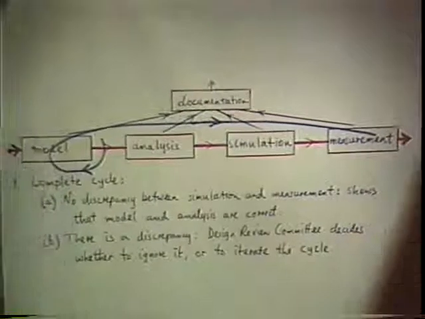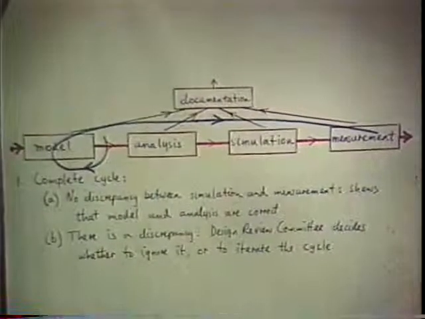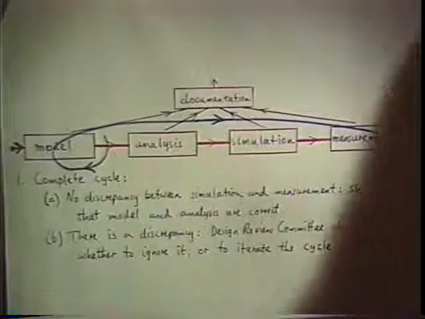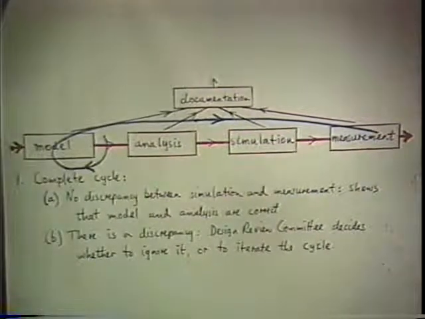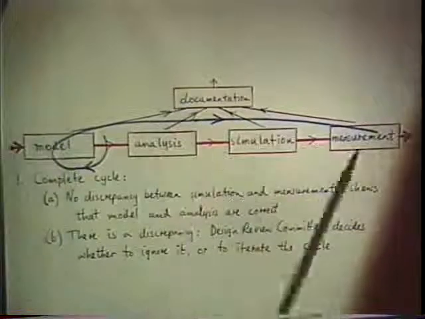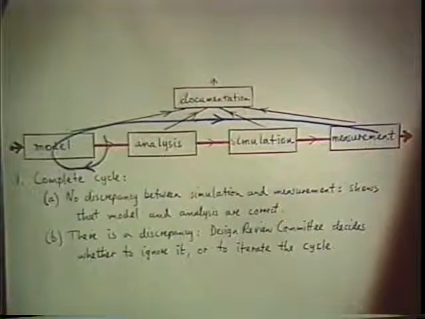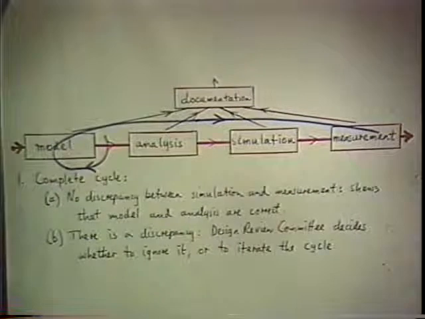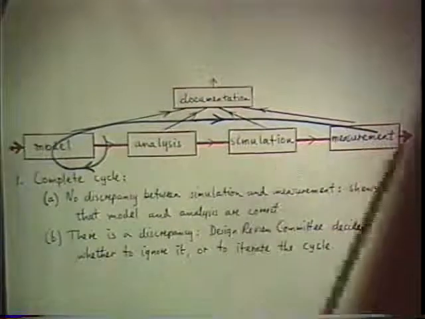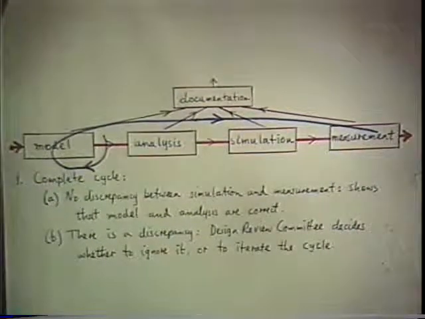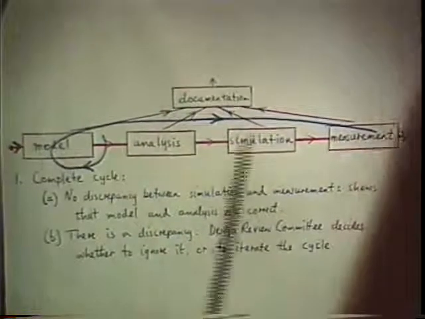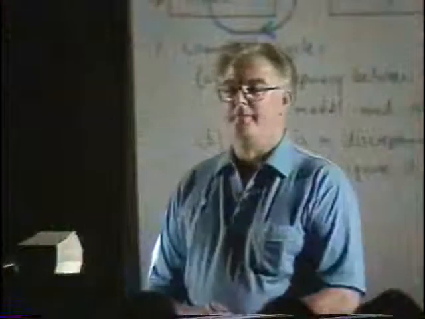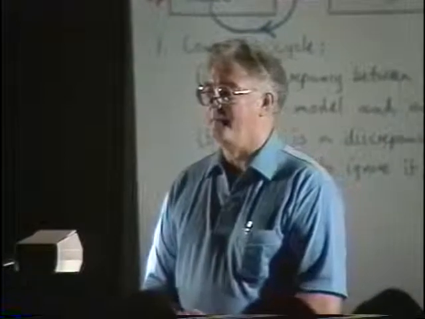And the ideal sequence, again, would be the complete cycle of one of these iteration loops would be the following. What are the possible outcomes if you're proceeding to the end of this particular cycle? Well, the best outcome, of course, is that when you do your simulation and measurement, they agree. And so now that confirms that your model and the analysis and simulation are correct.